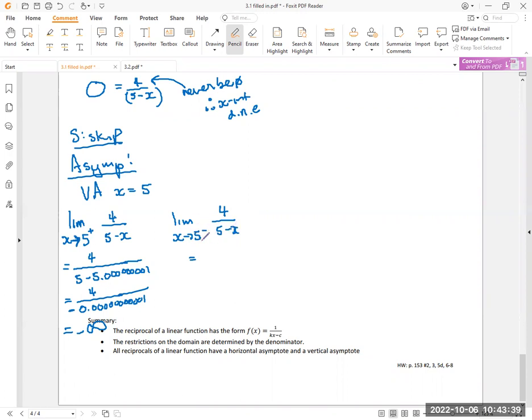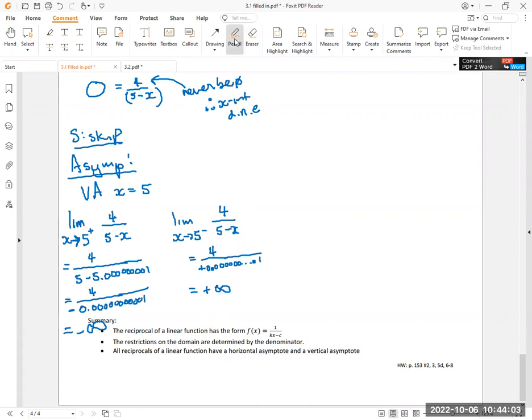This is not -5, please. It's a number slightly under 5. So 4.99999999999. So it will be 4 over a positive 0.000001, which means it's going to be a positive infinity.